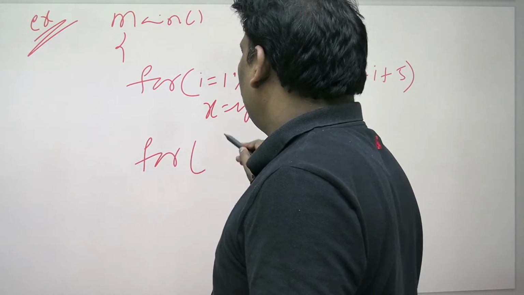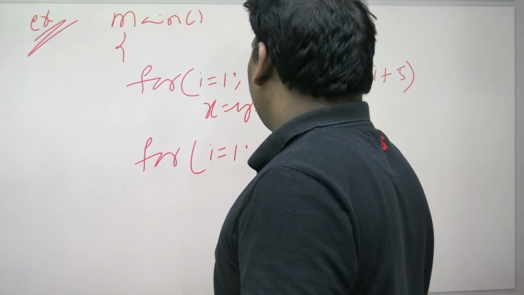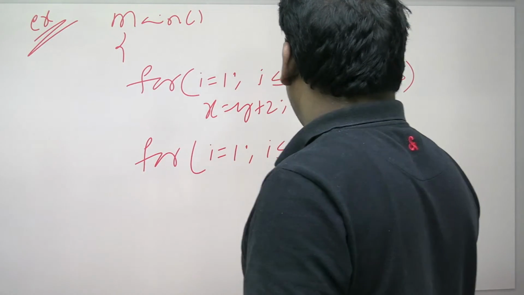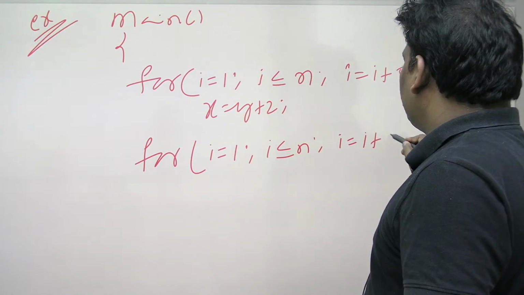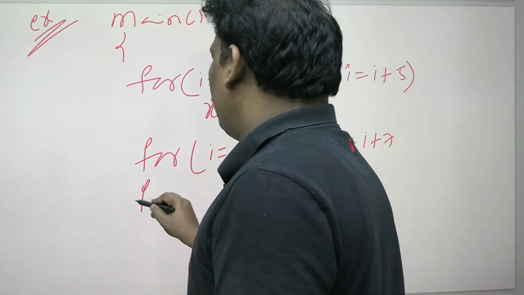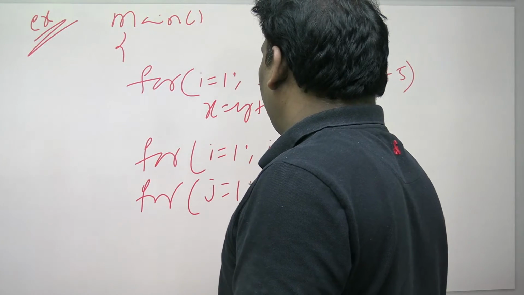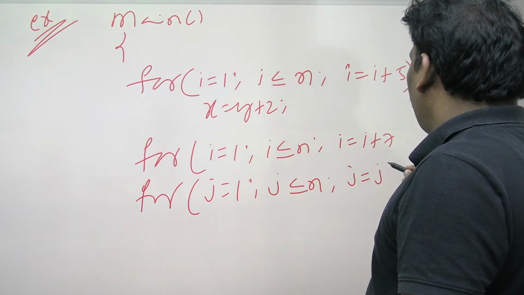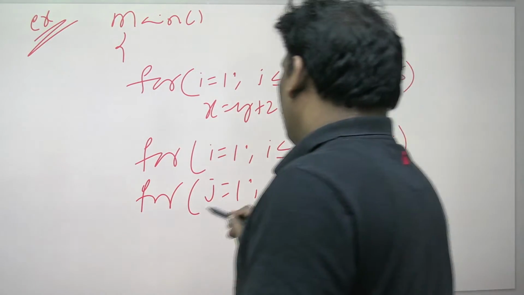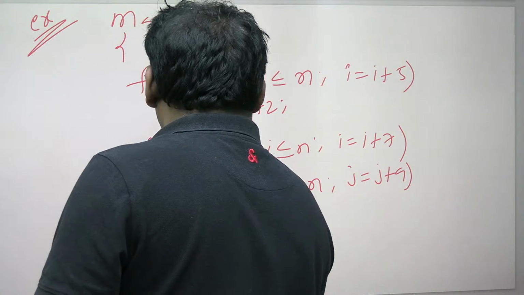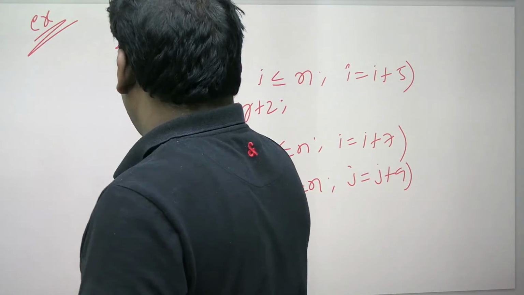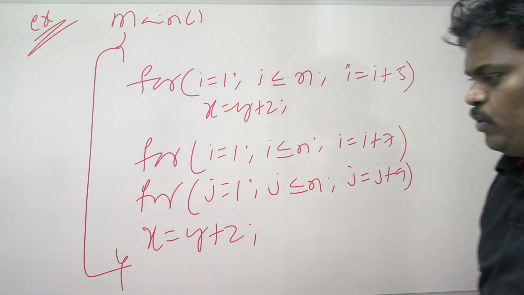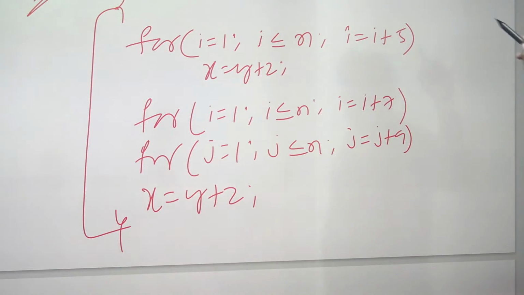For i = 1, i <= n, i = i + 7, for j = 1, j <= n, j = j + 9, x = y + z. Yeah, this is the program. Can you say what is the time complexity of this program?